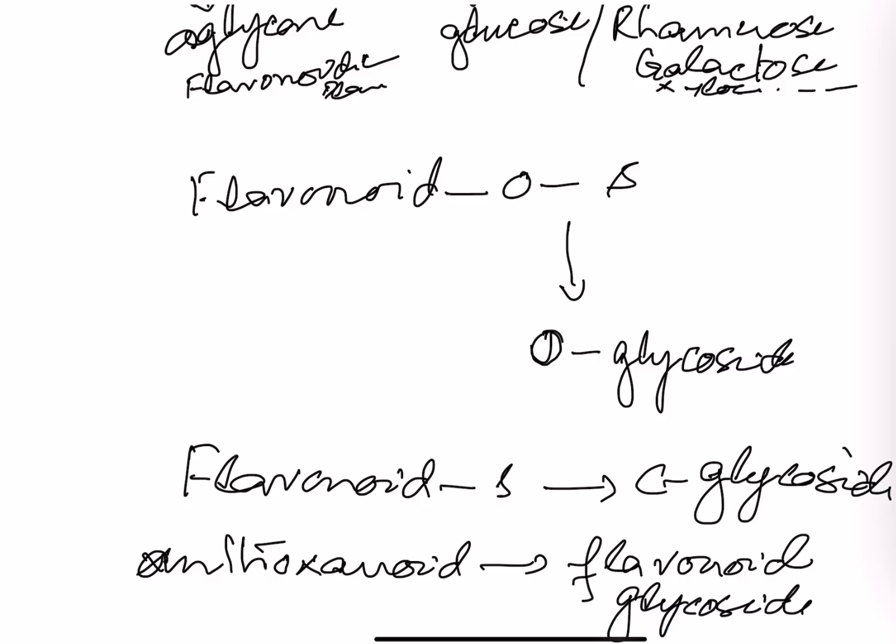Normally the flavonoid occurs as glycosides, and it is your anthocyanin.